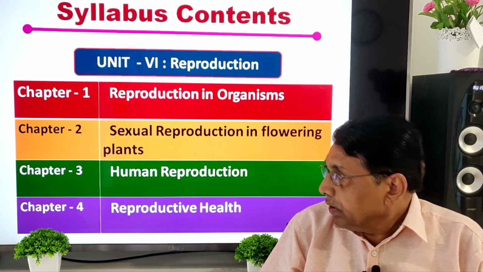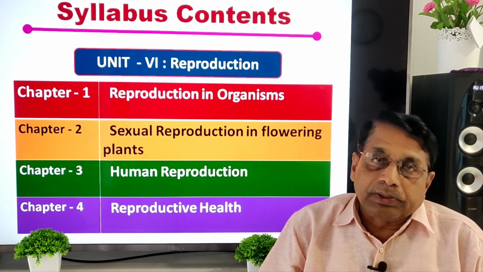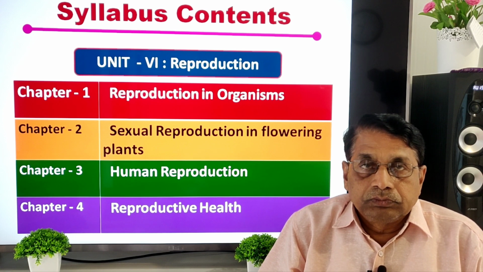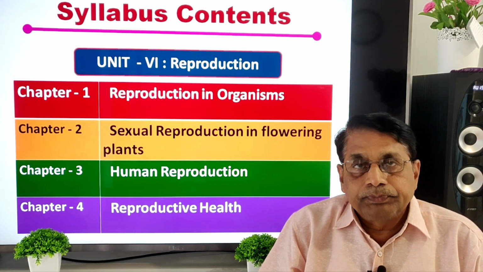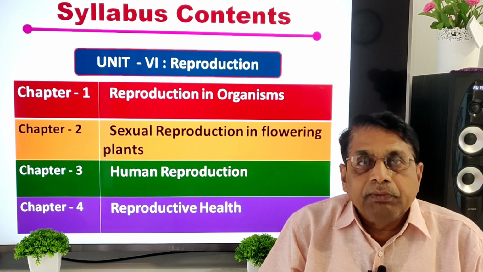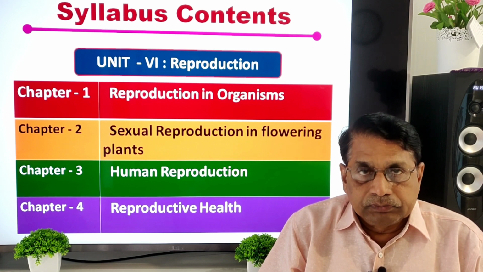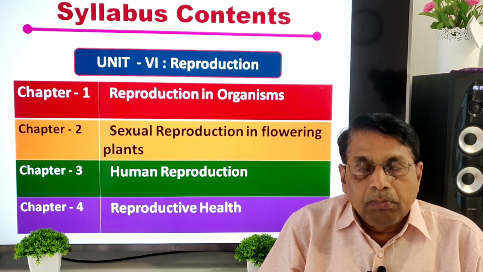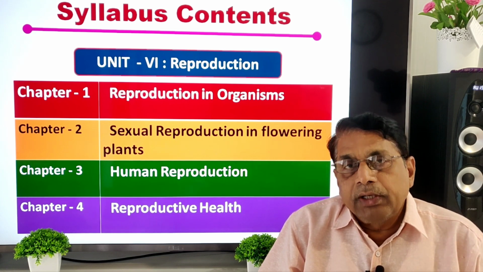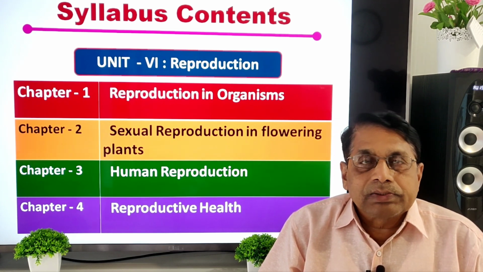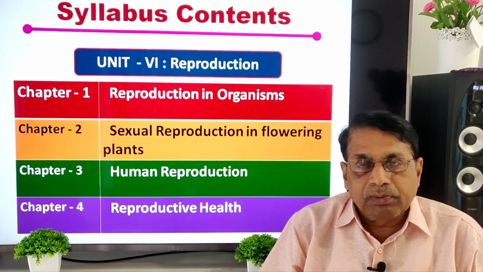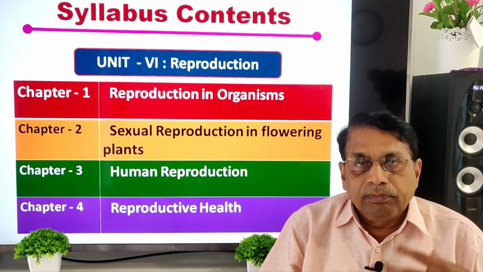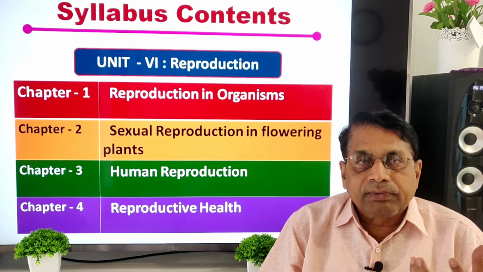In chapter 3, human reproduction. In humans, Homo sapiens, male and female individuals are different. The individuals with the male reproductive system we call males, and the individuals with the female reproductive system we call females. In the male reproductive system, what are the different organs?